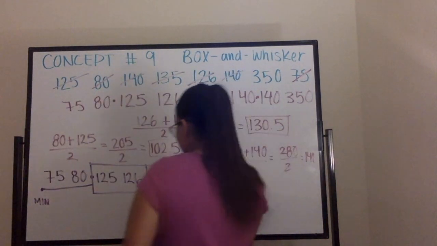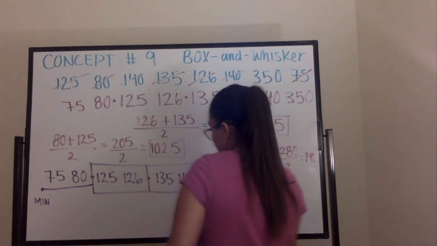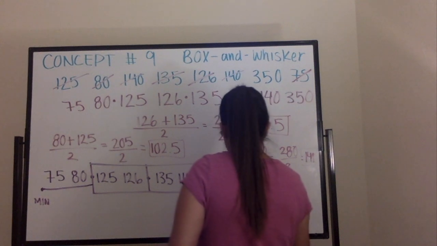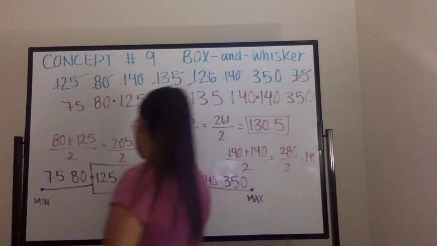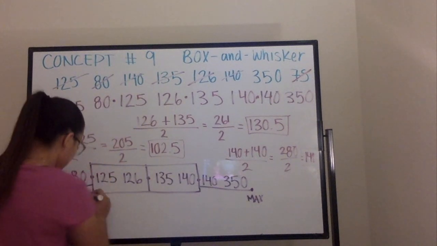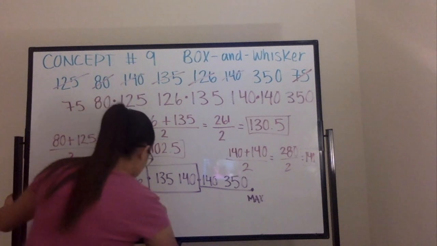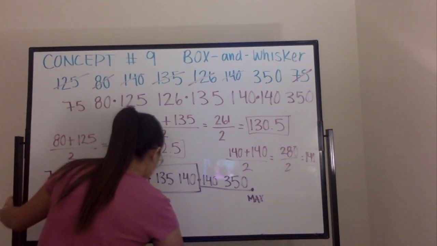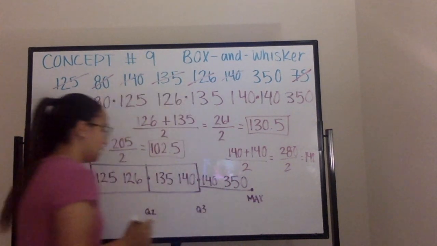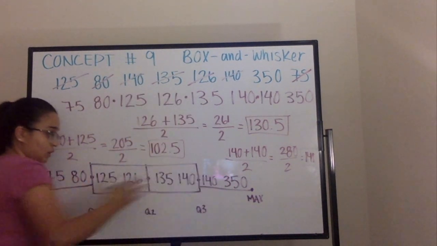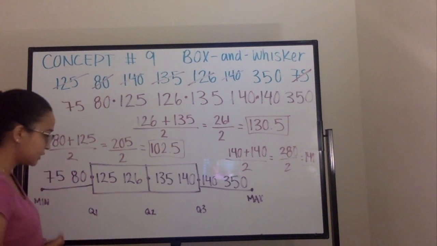Then I'm going to draw a line from this side to this side, which is my max. Max stands for maximum. And this is my Q1, my Q2, and my Q3. And that is how you label your box and whiskers.